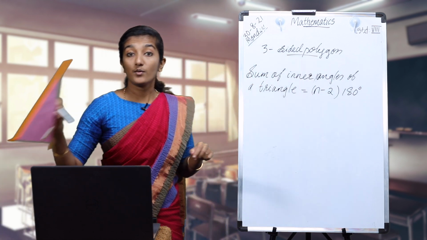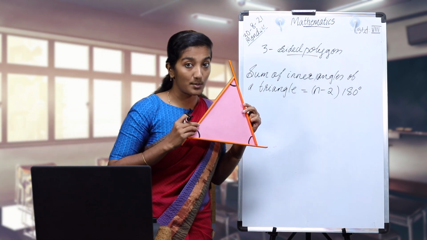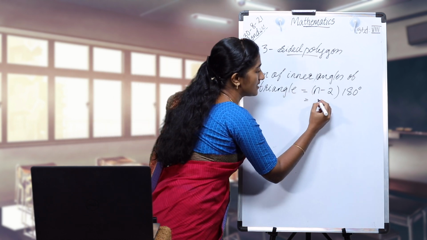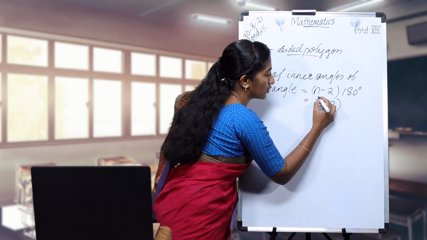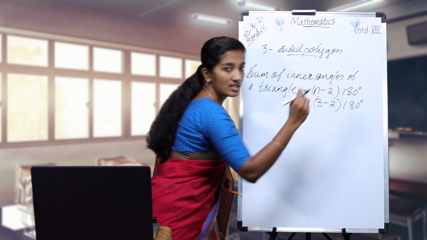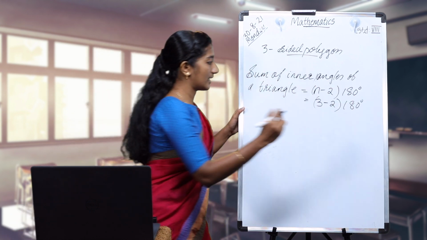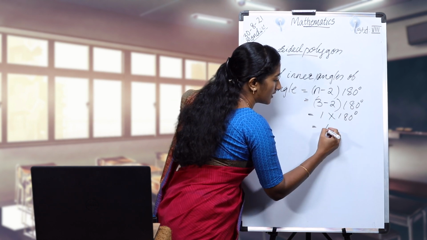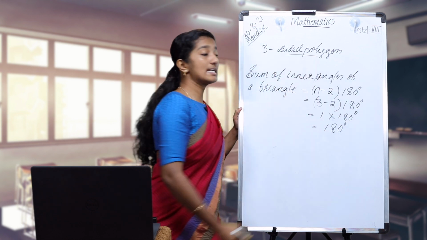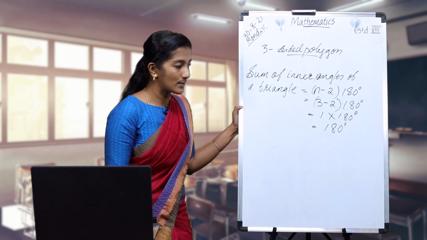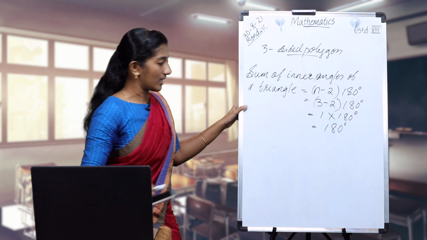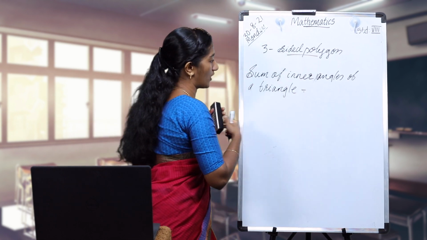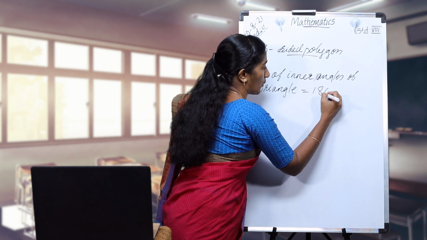Here number of sides is 1, 2 and 3. Here n is 3. 3 minus 2 into 180 degree, right? Here it is 1 into 180 degree. Therefore, the sum of inner angles of a triangle is 180 degree. Sum of inner angles of a 3-sided polygon is 180 degree.